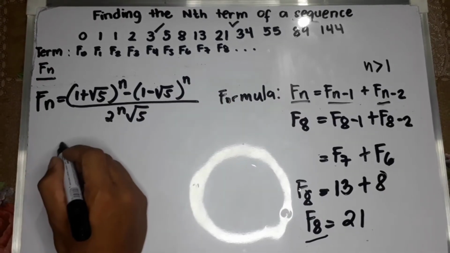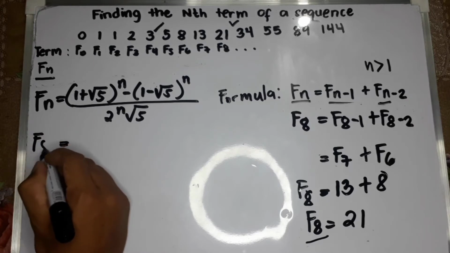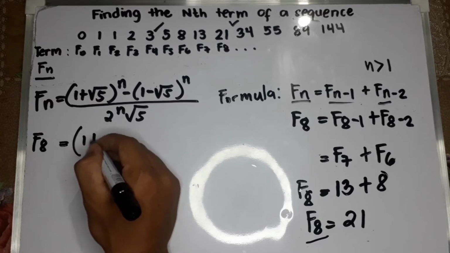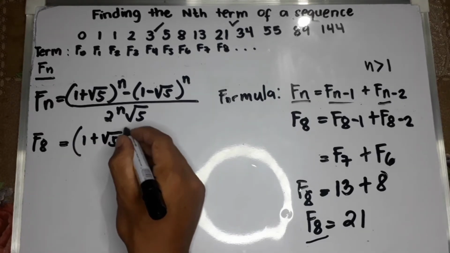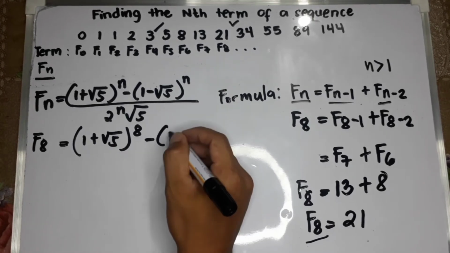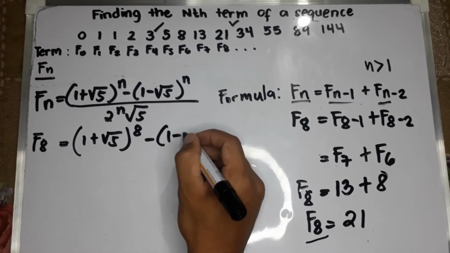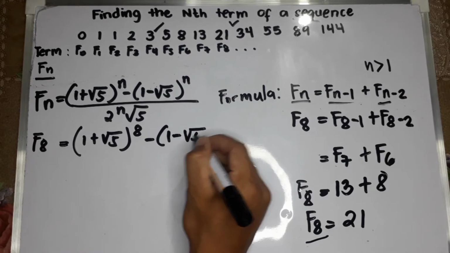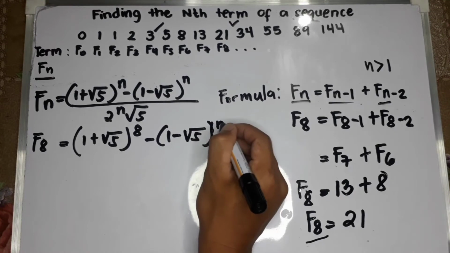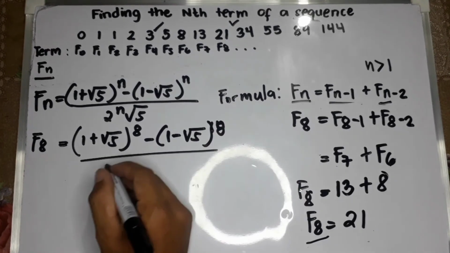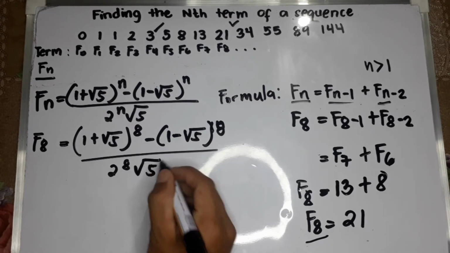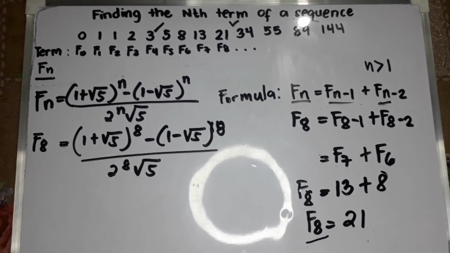We have f sub 8 equals (1 plus square root of 5) to the power of 8, minus (1 minus square root of 5) to the power of 8, over 2 to the power of 8 square root of 5. Now this time we have to use a calculator.